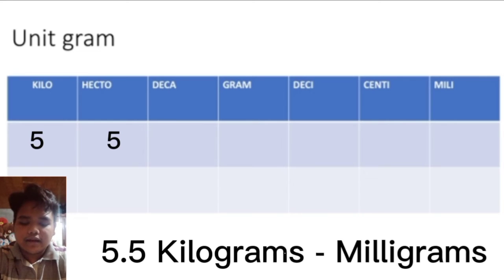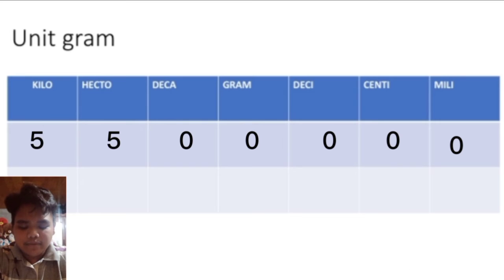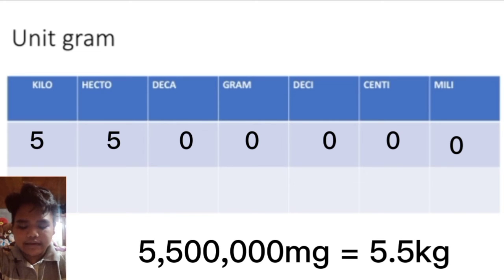Then from decagram to milligram, we put 0. So 5 for kilogram, 5 also into hectogram, then decagram 0, gram 0, decigram 0, centigram 0, and milligram 0. So we have 5,500,000 milligram in 5.5 kilogram.